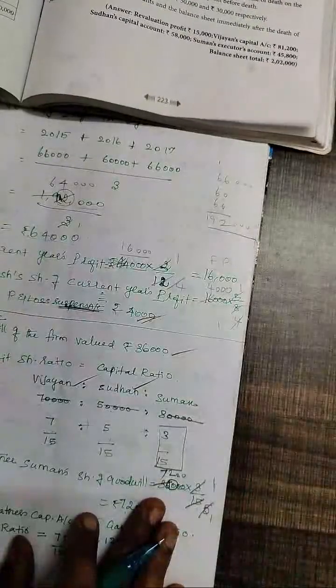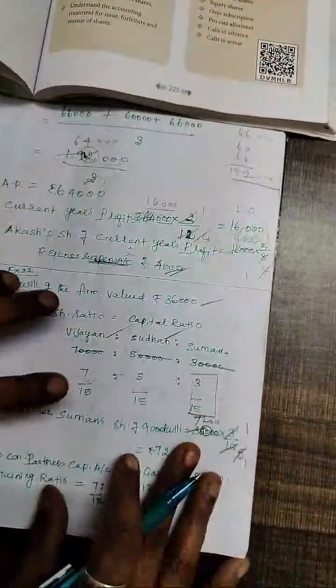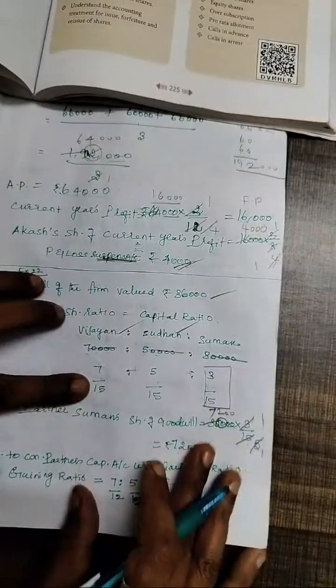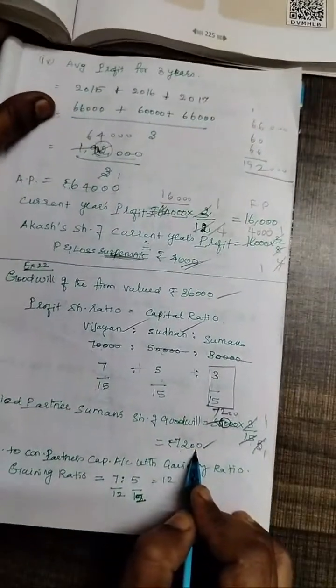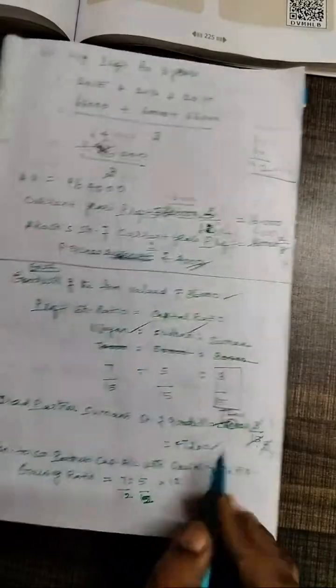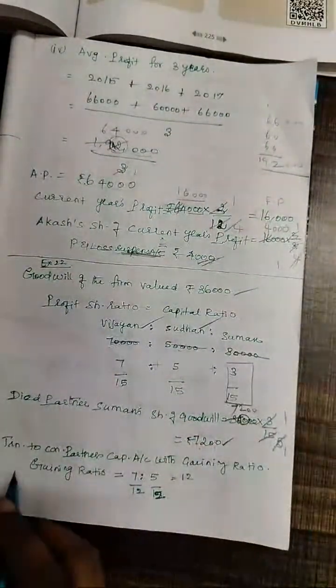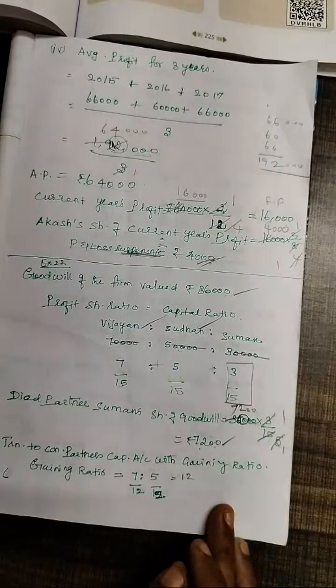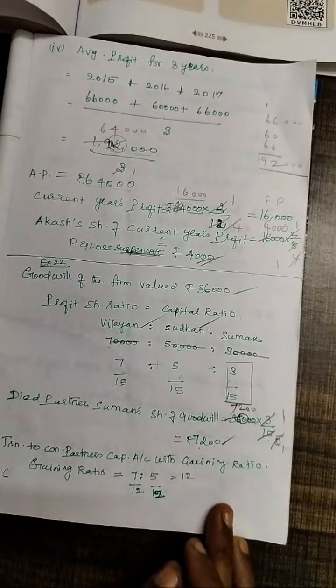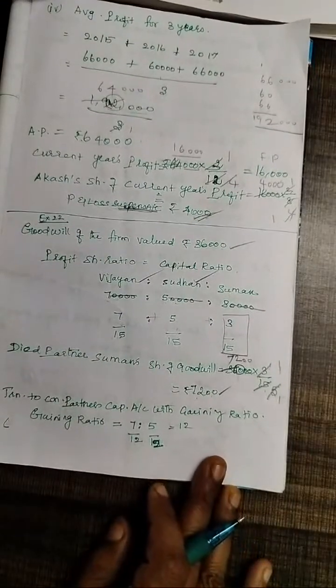So we assume the old profit sharing ratio as the gaining ratio. So we transfer that 7,200 rupees of the deceased partner's goodwill to the continuing partners' capital accounts in their gaining ratio.